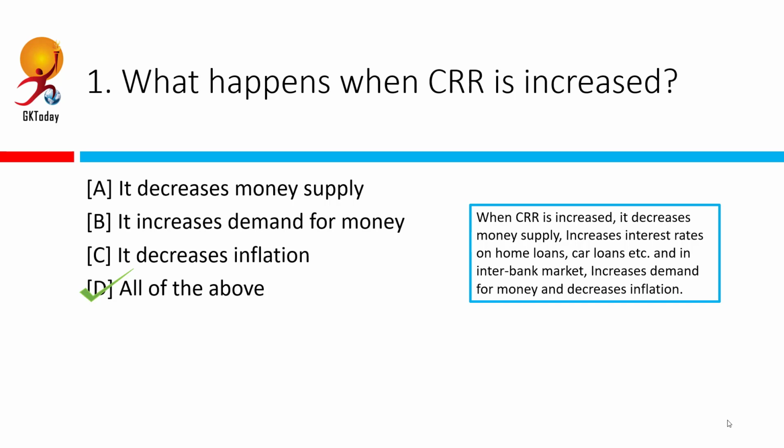And the cash reserve ratio is the number of funds that the banks are bound to keep with Reserve Bank of India as a portion of their net demand and time liabilities. This is also a statutory preemption because it draws its legality from the Banking Regulation Act of 1949. The objective of CRR is to ensure the liquidity and solvency of the bank. The CRR is maintained fortnightly on an average basis.